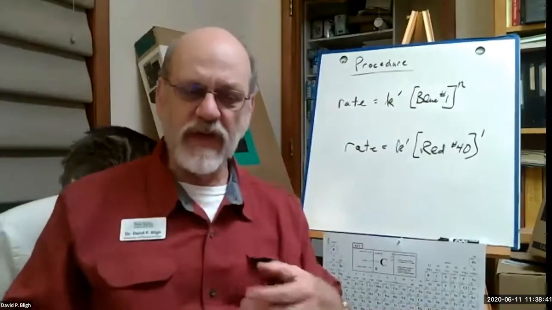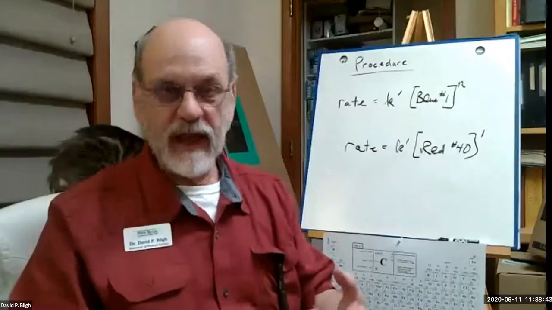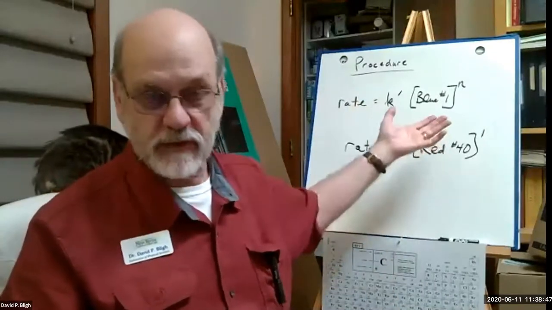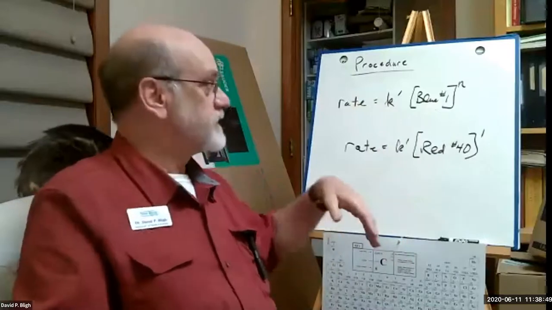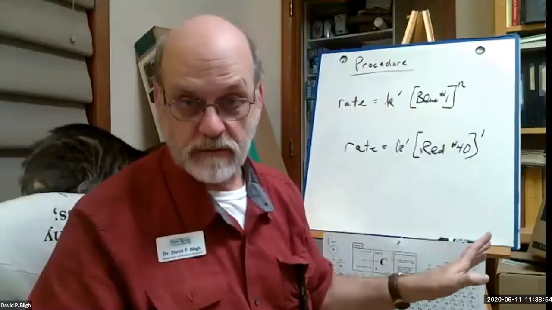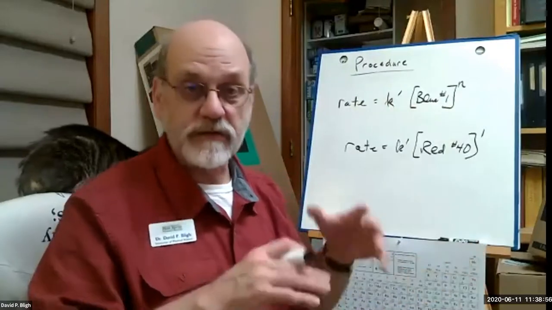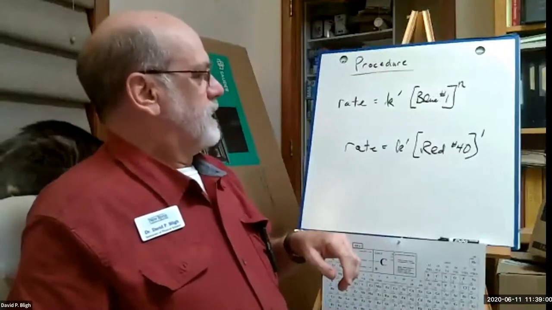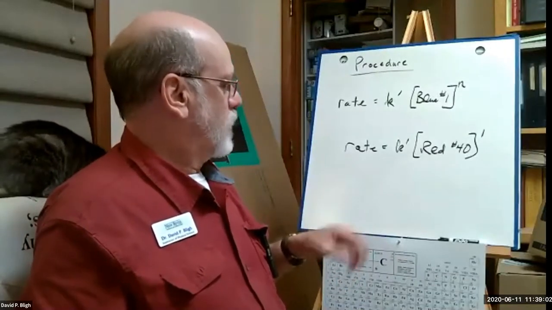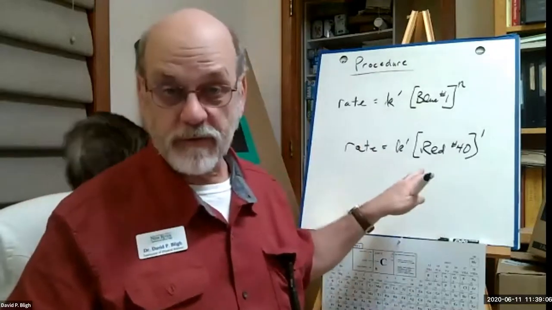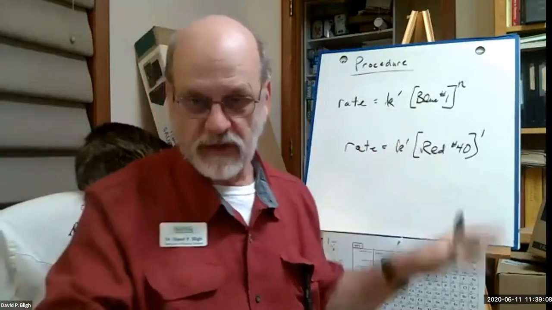Now you'll need to do that with your blue data set and prove what order it happens to be, whether it's 0, 1, or 2. Right? If it's 0, then that term disappears. Anything to the 0 power is 1. Okay, so we've determined the order for our red number 40, full strength bleach.